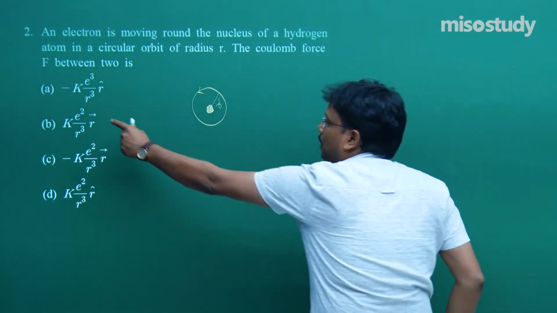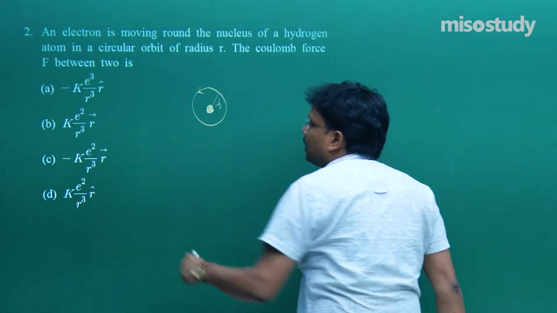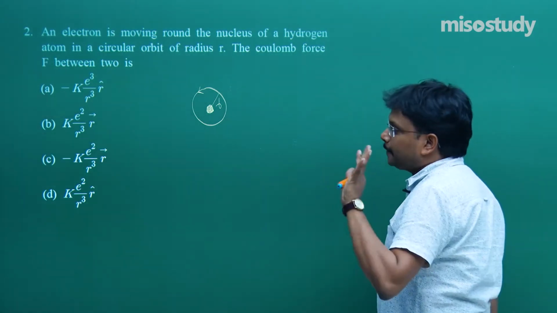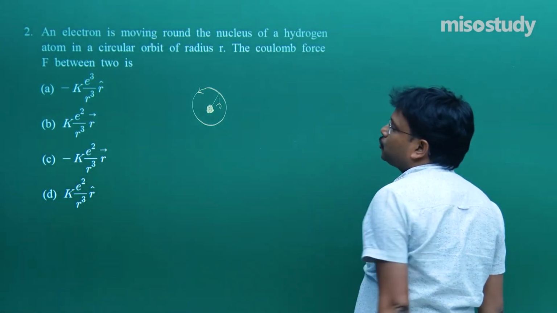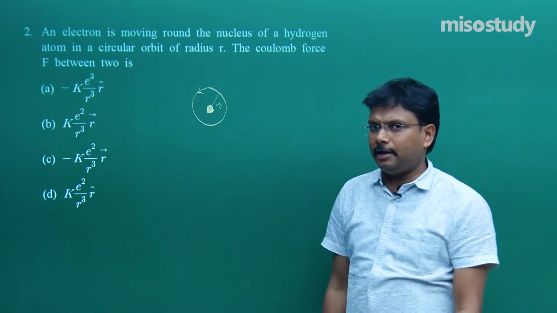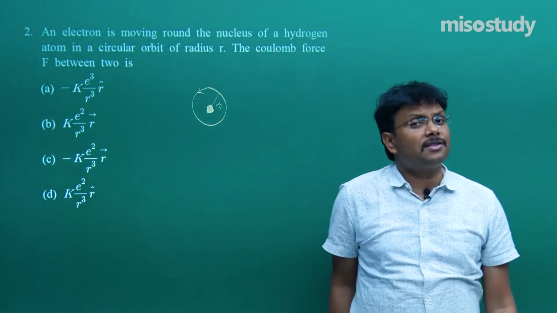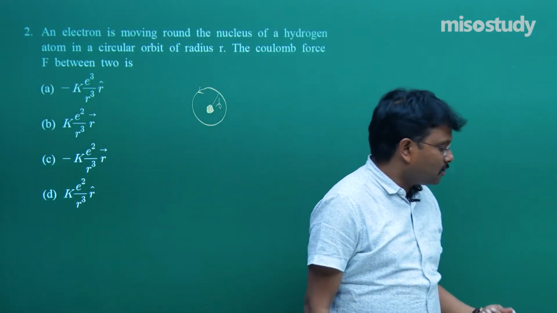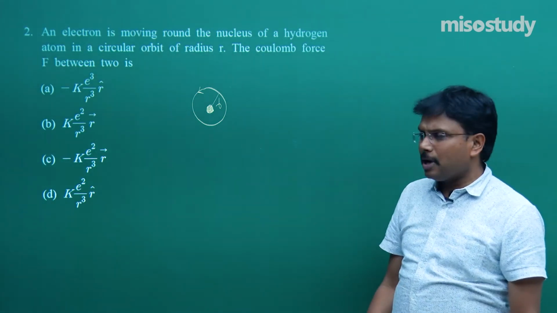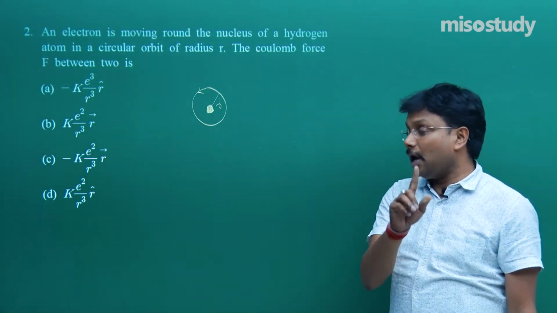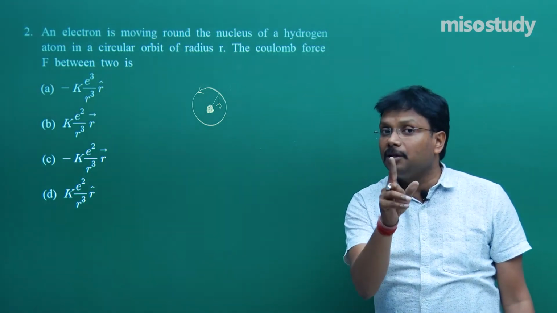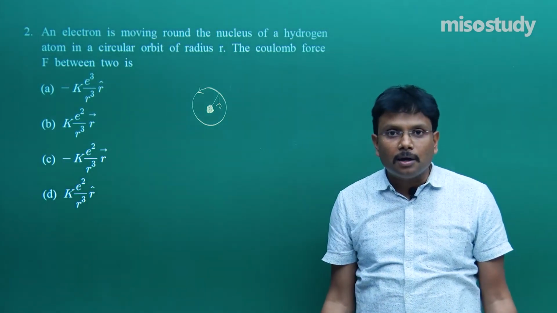Obviously k is nothing but 1 upon 4 pi epsilon naught. The very first thing that should come to your mind is whether the answer is going to be positive or negative, because the electron is negatively charged and the nucleus is positively charged. So one thing is quite sure, see the beauty of the approach, that this solution should have a negative sign. Why?